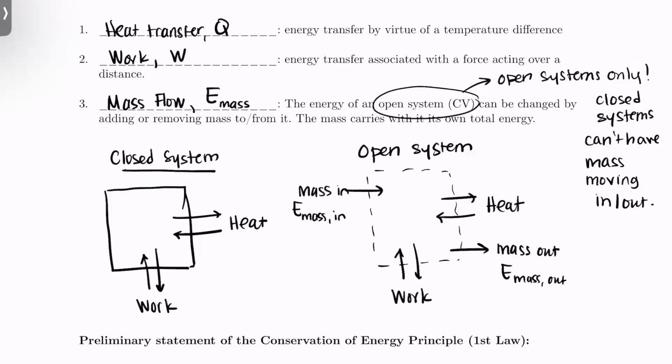All right, so for our three modalities, you can have heat transfer with both open and closed systems. You can have work for open and closed systems. But the mass flow transfer of energy can only happen for an open system. Okay? Any questions on that? Cool.